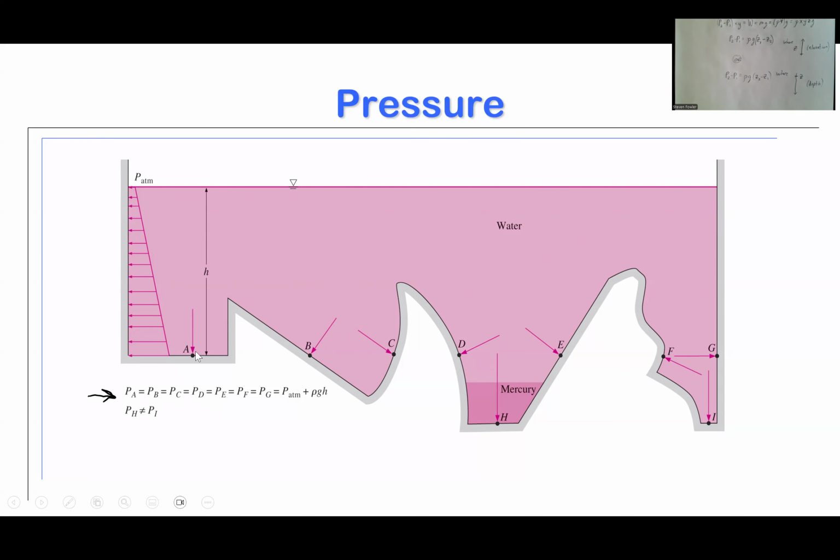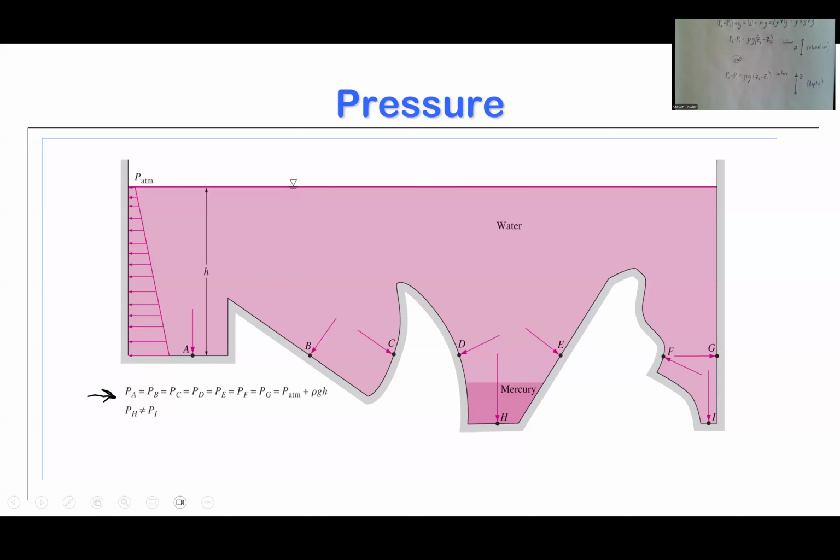What they're saying is at all of these points, because all of these points are at the same height, H, they're all at the same pressure. And that pressure would be the atmospheric pressure plus the density of the fluid times gravity times H.